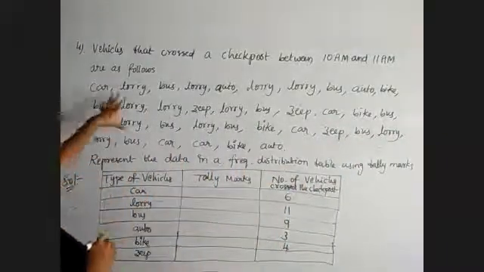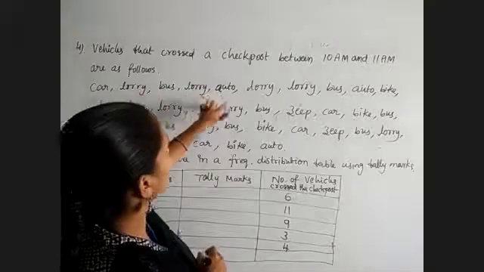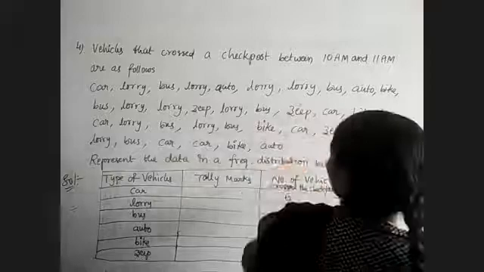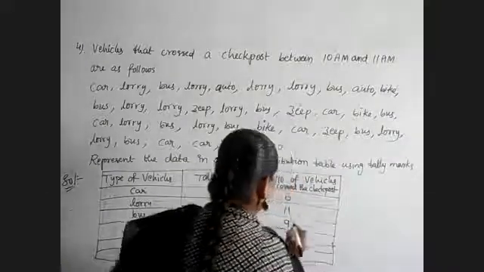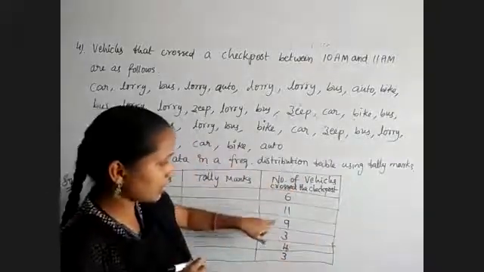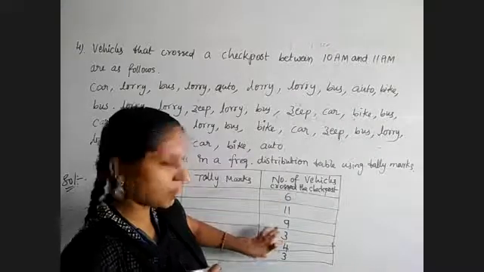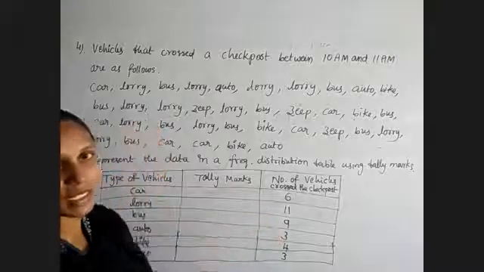Jeep 1, 2, 3. So we will see the total of how many there are. 11 plus 9 is 20. 20 plus 6 is 26. 26 plus 4 is 30. 30 plus 6 is 36. So total vehicles are 36 only.